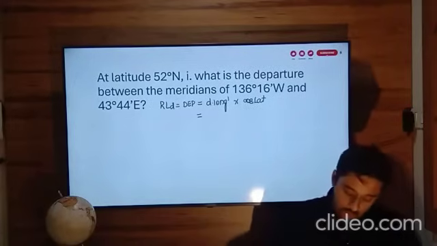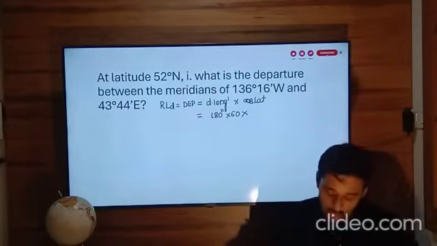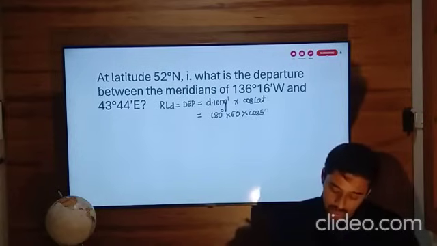So let's put 180 degrees here, into 60 to convert it into minutes, into cos of 52.